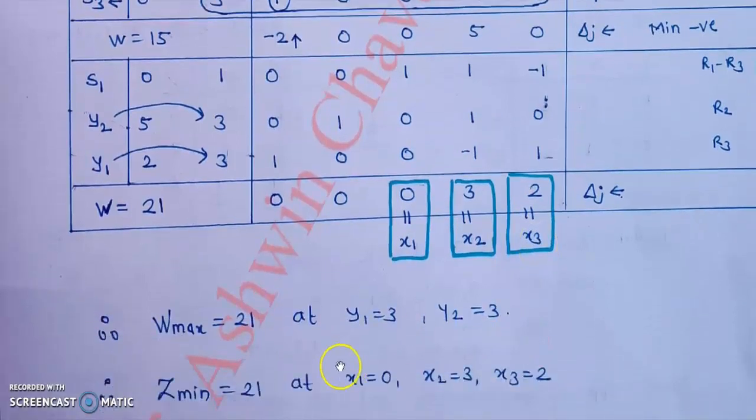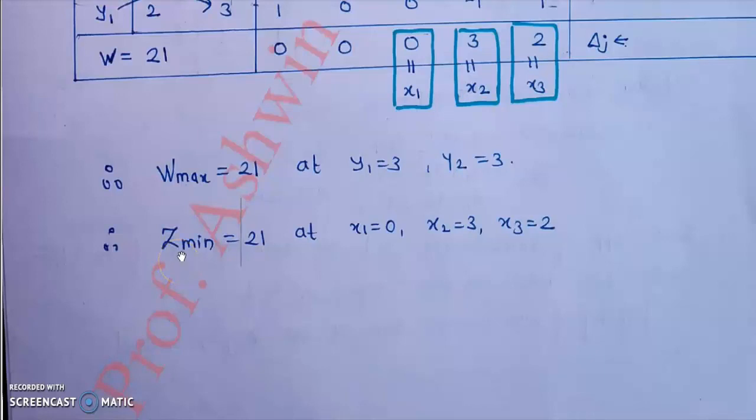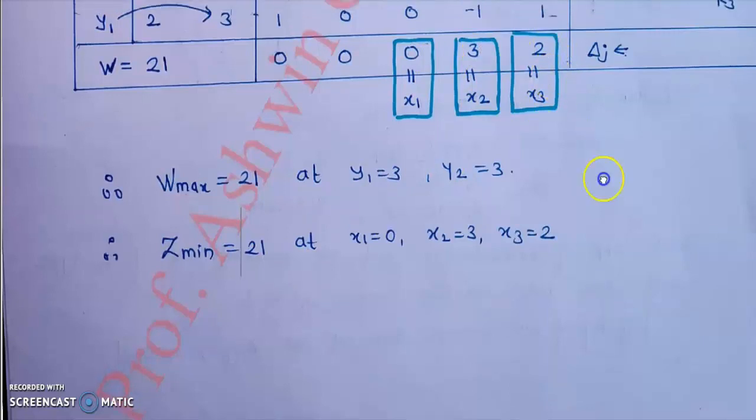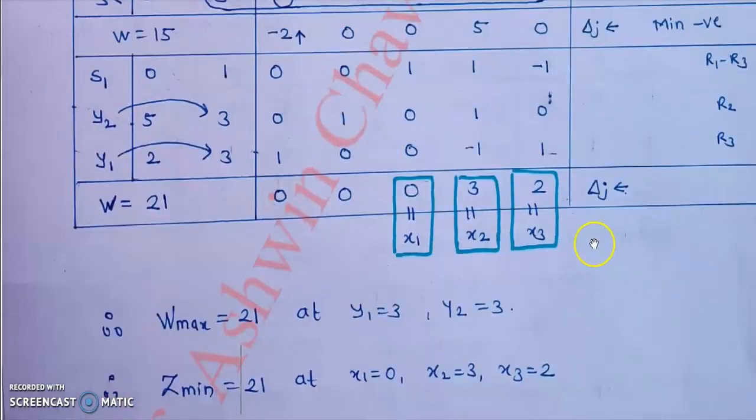That's why we write W max 21 at y1 equal to 3 and y2 equal to 3. Therefore Z min is 21 at x1 equal to 0, x2 equal to 3 and x3 equal to 2. So I repeat, since we are solving the dual problem, we did not get the answer here, we get our answer in the delta j row.